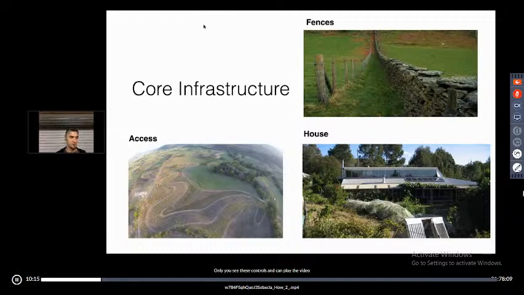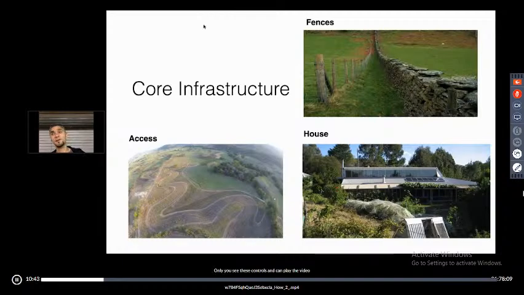And usually the biggest pain that people have is trying to determine these locations, because if you get your house location wrong, you're kind of screwed, because it's not as easy to just move that house somewhere else. Or also the access points, the main access roads.